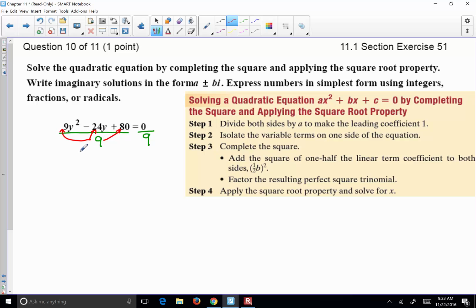All of them must be divided by 9. This is easy. 9 over 9 is 1, so the first term is 1. The second one is 24 over 9. The third one is 80 over 9. How about 0 over 9? What is 0 over 9? That's 0. The right side is okay.